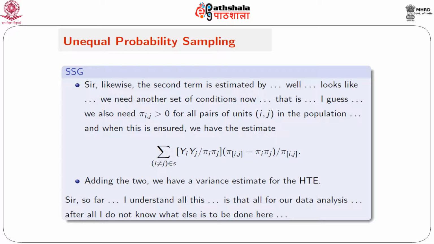That is, we also need pi ij strictly positive for all pairs of units i, j in the population. When this is ensured, we have the estimate summing over i not equal to j in the sample, yi yj divided by pi i pi j, multiplied by pi ij minus pi i pi j divided by pi ij. Adding the two, we have a variance estimate for the Hurwitz-Thompson estimator.